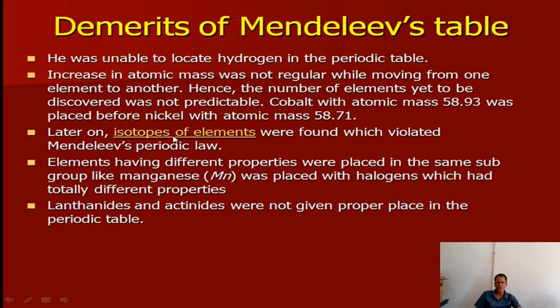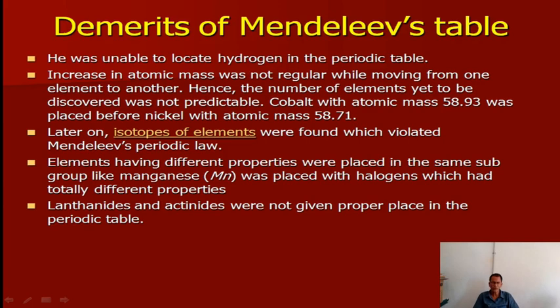Later, isotopes of elements were found which violated Mendeleev's arrangement. That means there was no position for isotopes in the Mendeleev periodic table. Elements having different properties were placed in the same groups, like manganese was placed with halogens. So elements with different properties were also placed in one group.